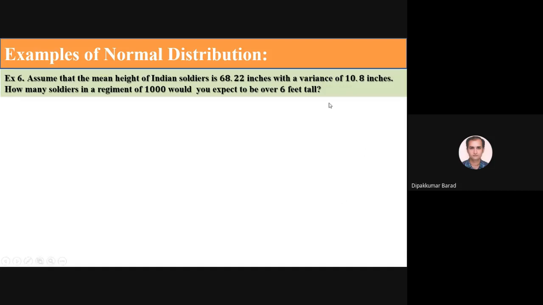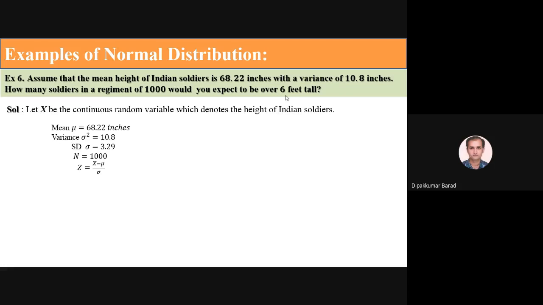So first of all we have to convert this 6 feet into inches. The mean mu is 68.22 inches, the variance sigma square is 10.8, so from the variance we have to find the standard deviation, and the number of soldiers N is given as 1000. Now z is equal to x minus mu upon sigma.